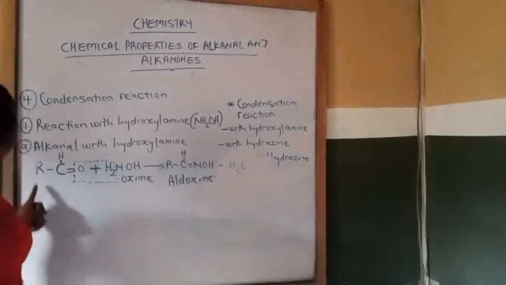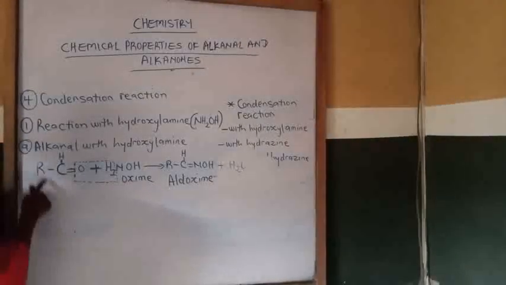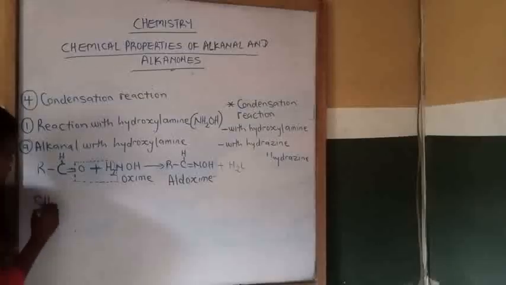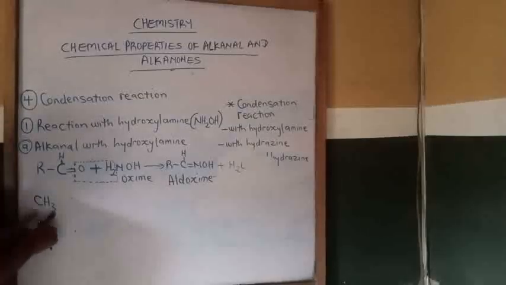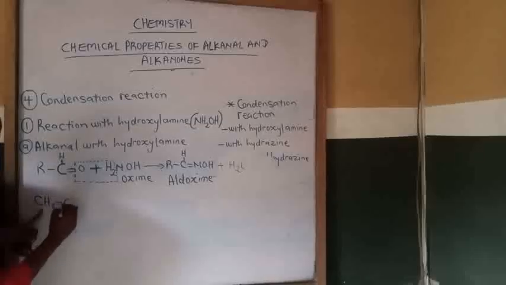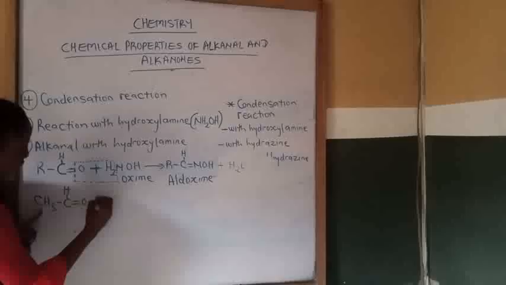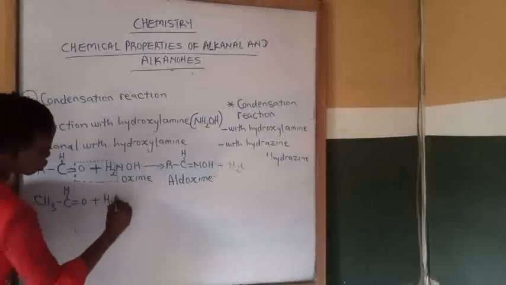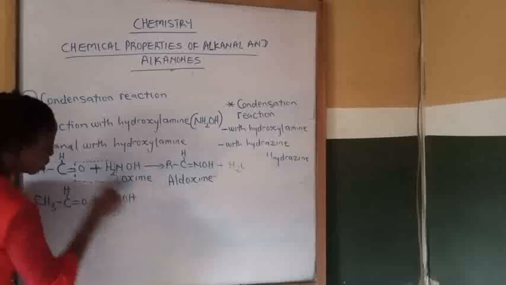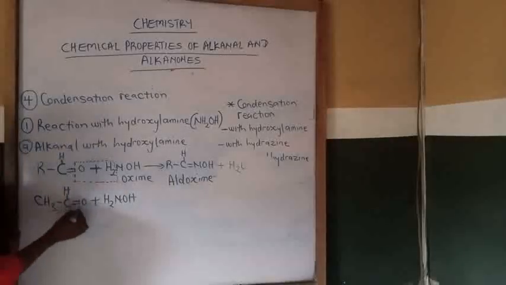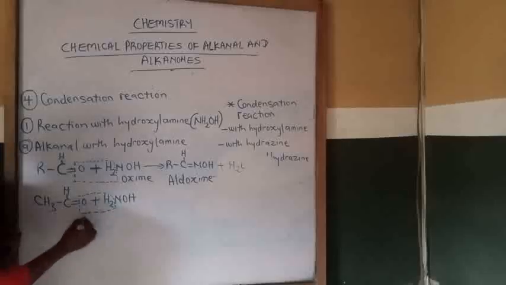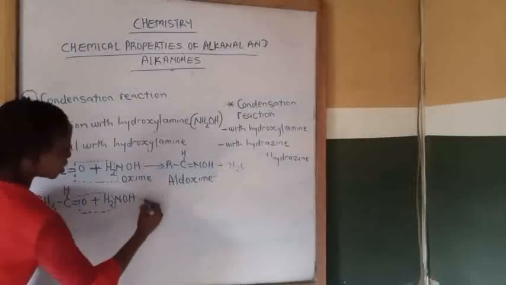So let's take a named alkanal. I will replace this R with an alkyl group, CH3, which is methyl, followed by CH double bond O. Then you react with hydroxylamine, H2NOH, and a water molecule is displaced.